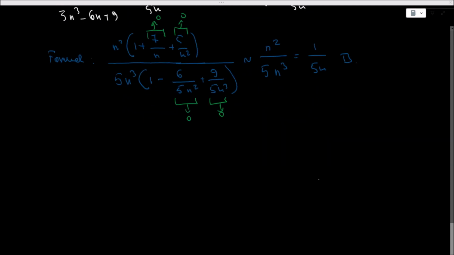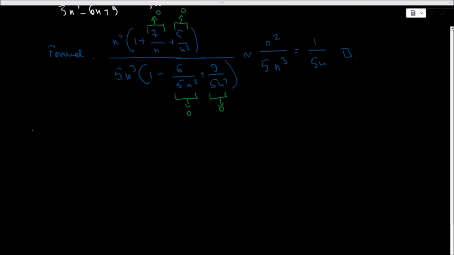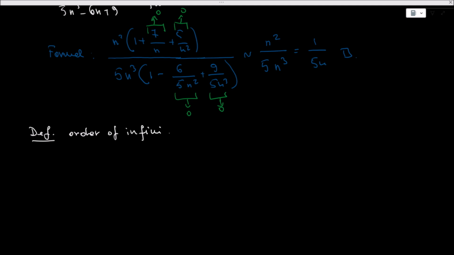Let's now pass to the definition of order of infinite. Again, we have a function, but now we don't need to say that the function is defined over a neighborhood of the origin.